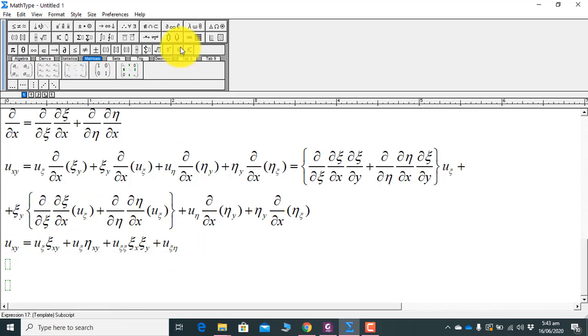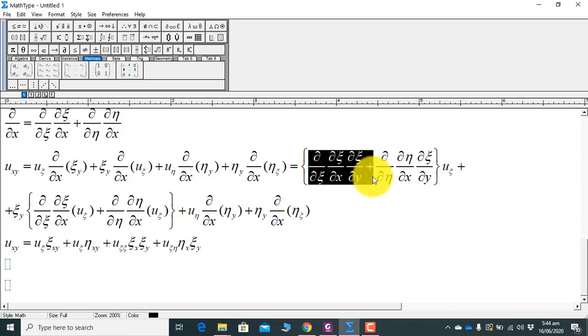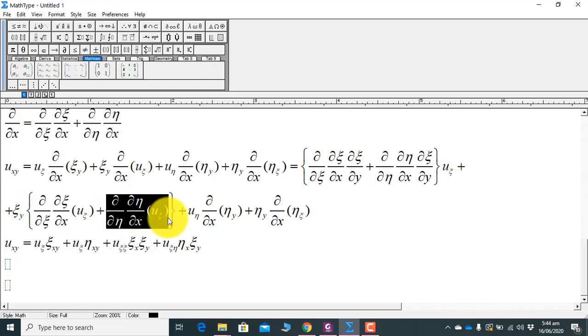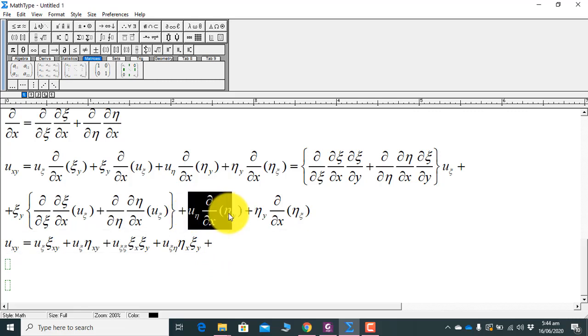So you have eta x, and xi y. This is your total answer. So this is the answer for 4 terms, one for that, second one for that, third one for that, and fourth one for that one. Plus there will be 4 terms from them also.